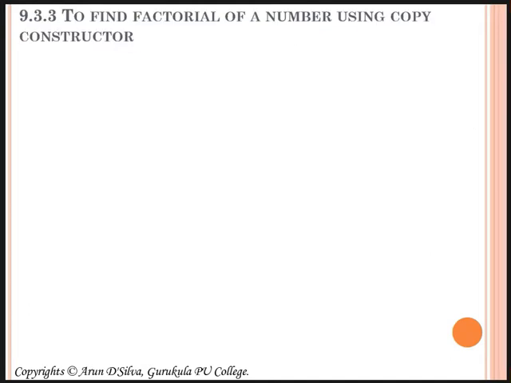So let me demonstrate with one C++ program to find the factorial of a number using a copy constructor. As you know, a C++ program begins with the #include <iostream.h> header file, and I've created a class.